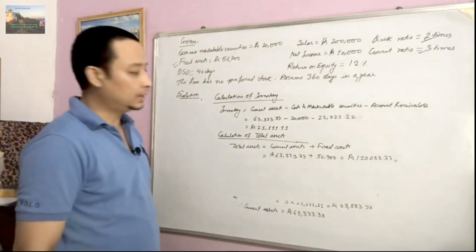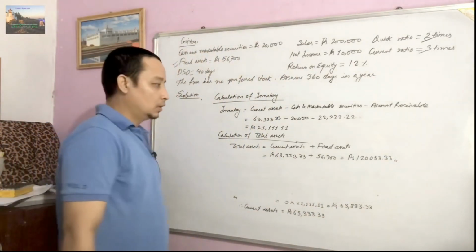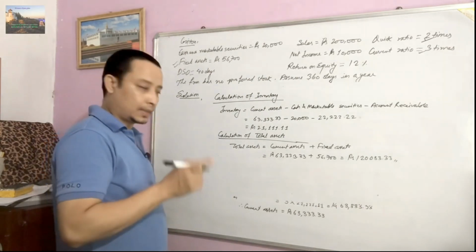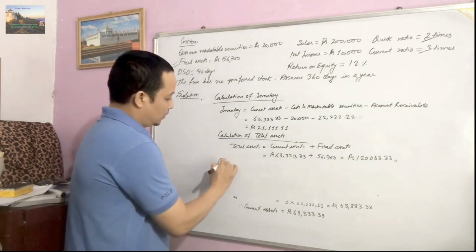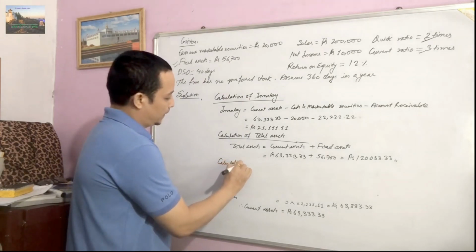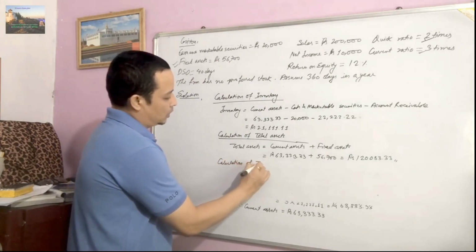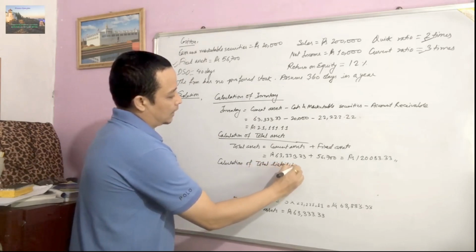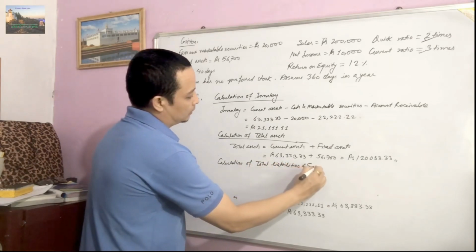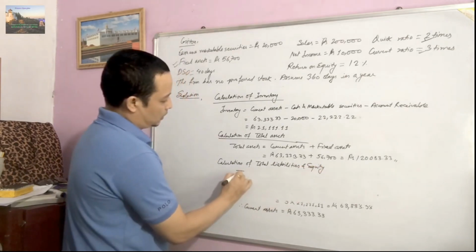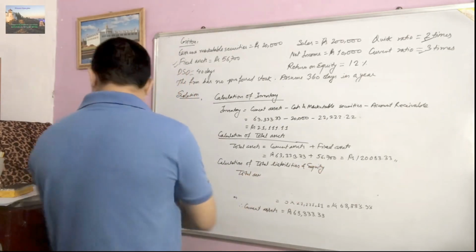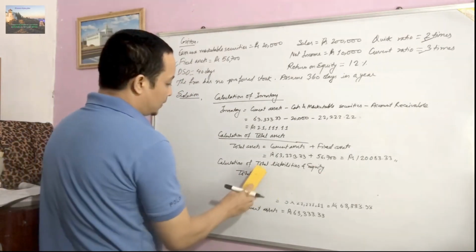Now after finding the total asset, now you know the total liabilities and equity, because total asset is equal to total liability and equity. So here calculation of total liabilities and equity.